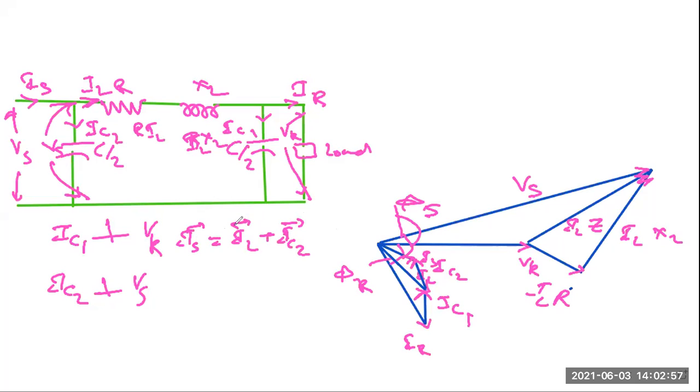If we draw there, you cannot get IS. Because IS is the summation of IL plus IC2, that's why you have to draw here. Now it is clear to all of you?